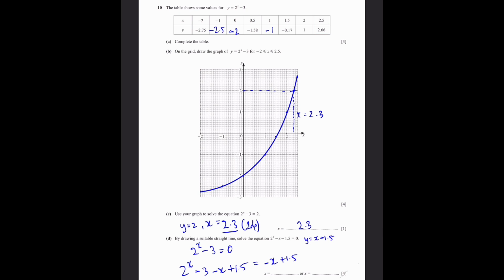And the way we do this is simply by plotting a table: minus 2, minus 1, 0, 1, 2, and then simply getting the values.